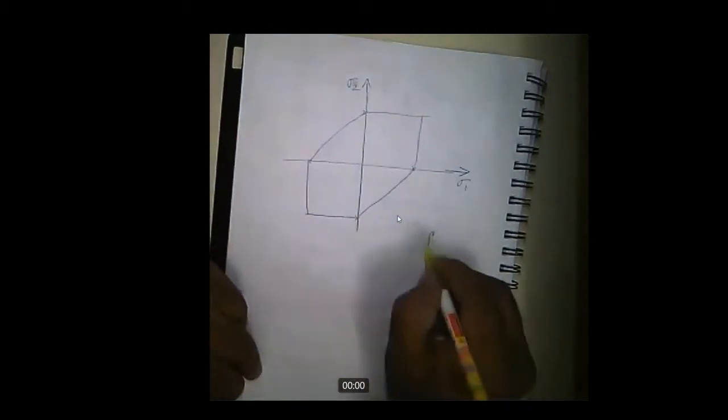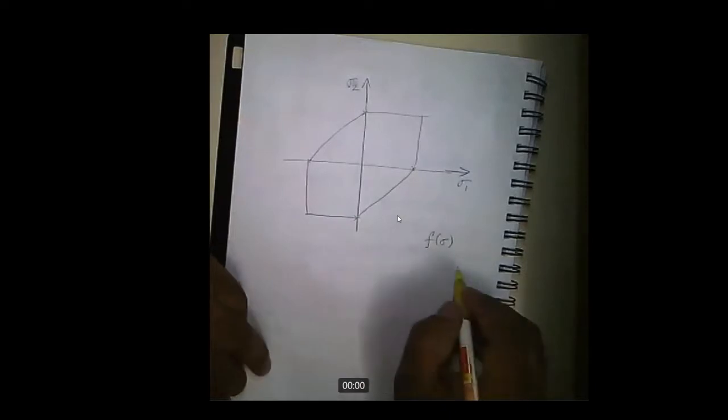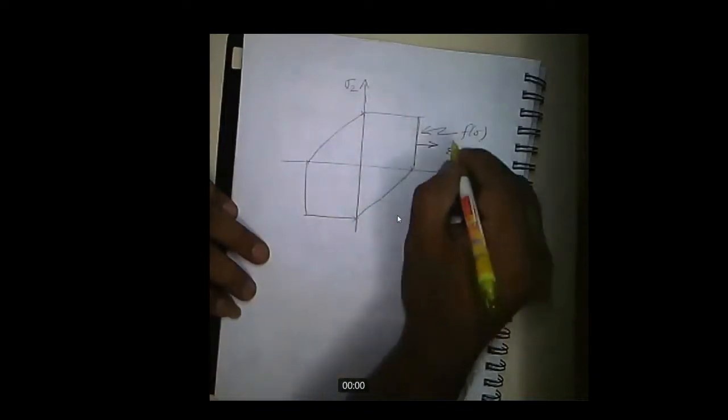F of sigma value is the one that matters to me. If you look at it, this is F of sigma. So if this is the potential line, the direction of the flow will be like this.